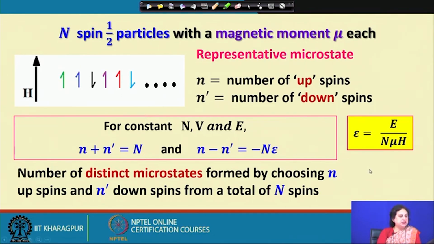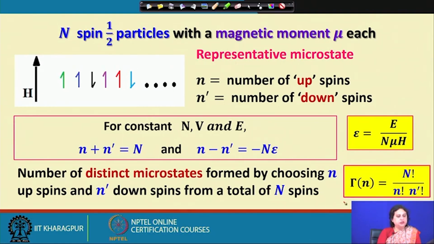Okay. So, the question is, the number of distinct microstates is equal to the number of ways in which you can choose small n up spins from a total of capital N spins, and therefore, I must be having gamma corresponding to such choice is capital N factorial divided by small n factorial by small n prime factorial.